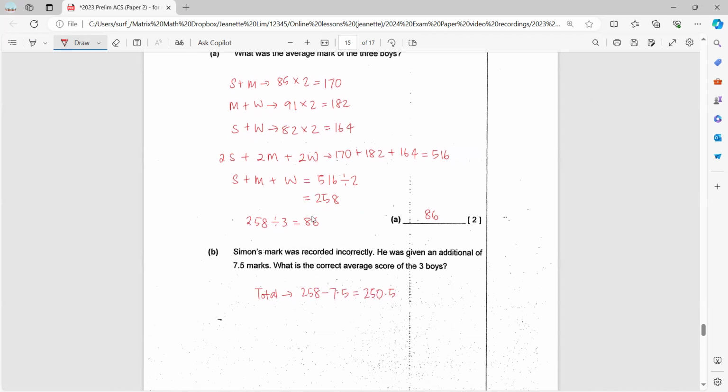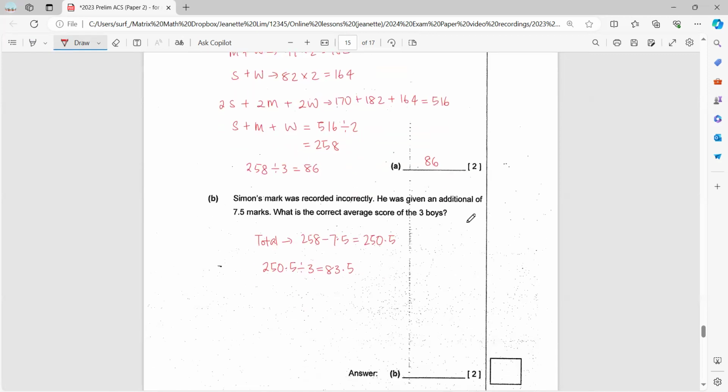Then you use that to calculate the new average. So divide by 3. So take note, you cannot use the average and minus off 7.5. Okay, it doesn't work that way. You have to use the total to minus off. Then calculate the new average. So the new average is 83.5.